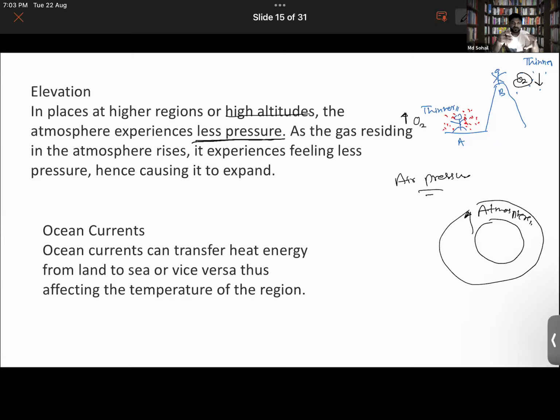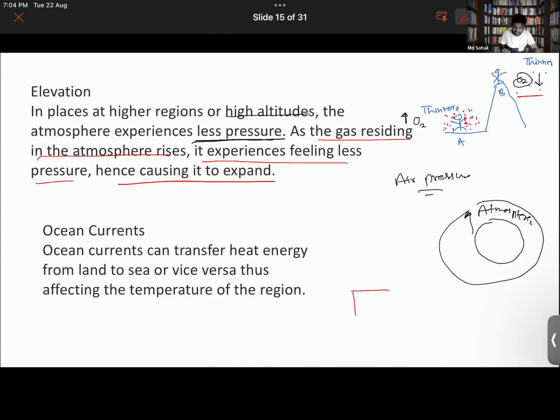You see, as the gas residing in the atmosphere rises, it experiences less pressure, hence causing it to expand. Let's say I have taken two samples of air. There are more particles in this one, and fewer particles in that one. We know air molecules can expand.